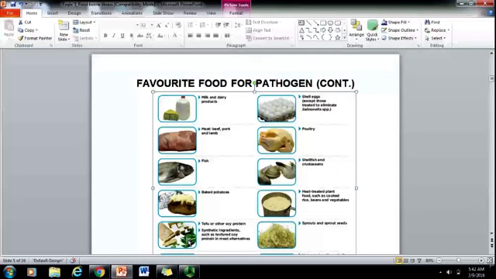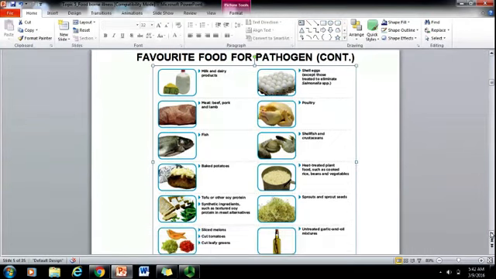Food pathogens love high protein foods. Okay, and food that comes from sprouted beans, right? Vegetables and untreated oil. Okay, these are some examples of TCS food that pathogens love to grow on.